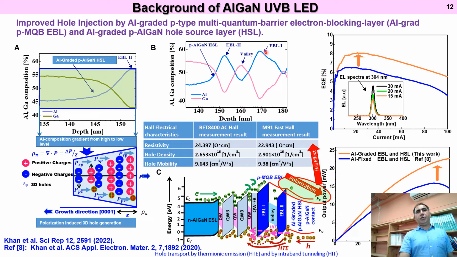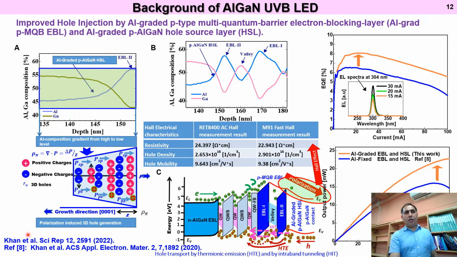We also introduced the aluminum-graded p-type multi-quantum barrier electron-blocking layer, where EBL1 keeps a high aluminum content compared with EBL2 and then the hole source layer.